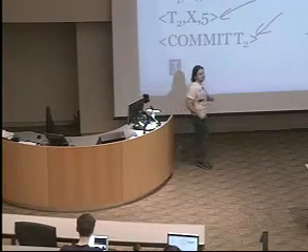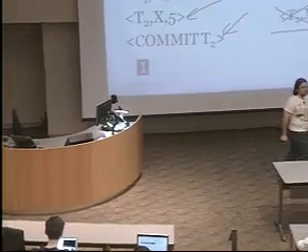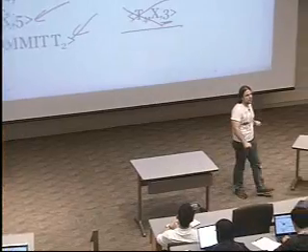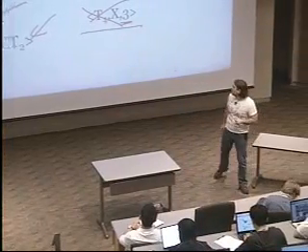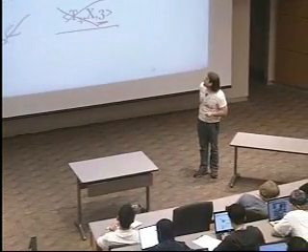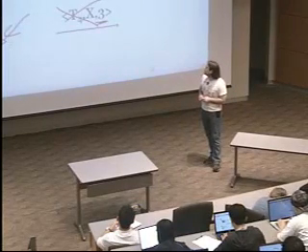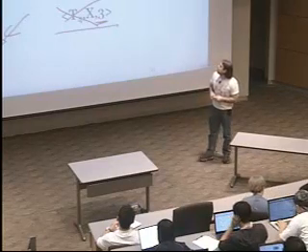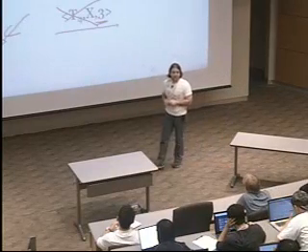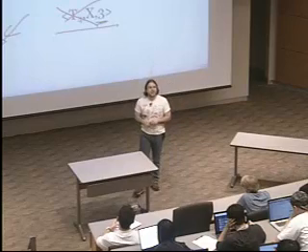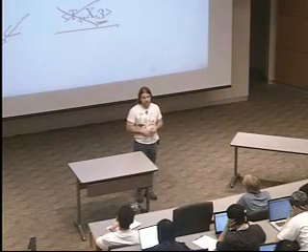Go ahead. So when you undo T1A5, aren't you also inadvertently undoing T3A3 because you're overwriting what's in A? Yes, potentially. So that's an issue of concurrency.